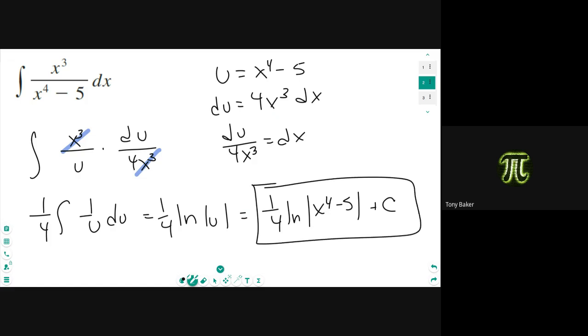And you do need the absolute value in this situation, because x to the fourth minus 5 can be negative, and ln can't take a negative.